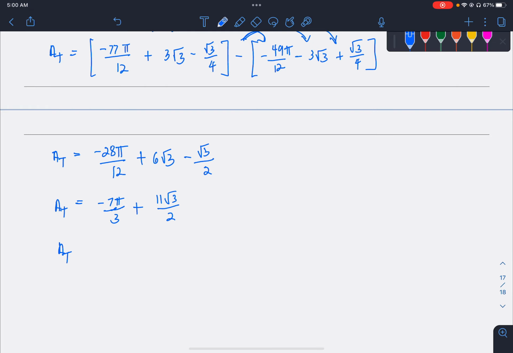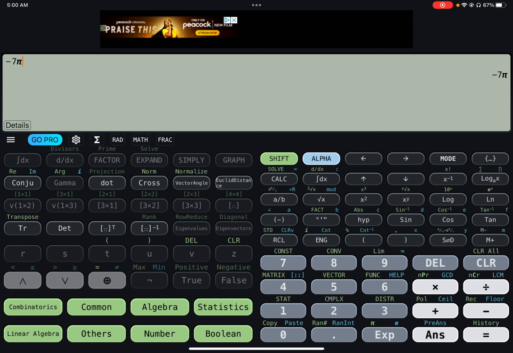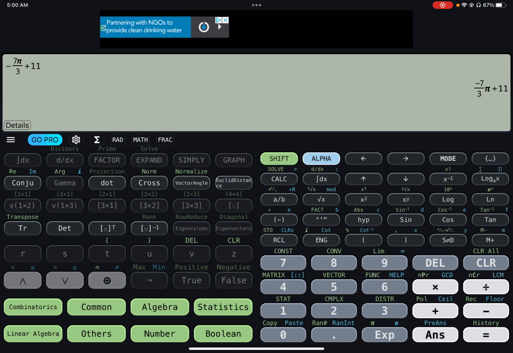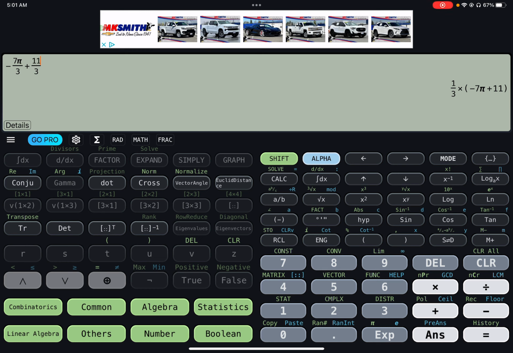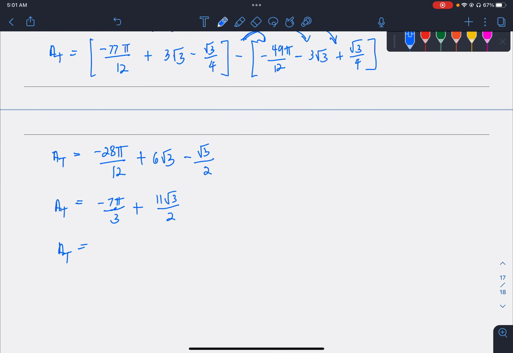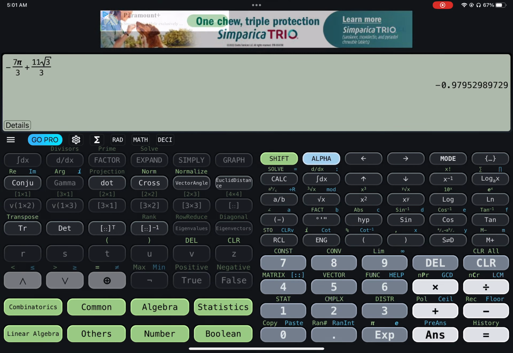So which makes the total area negative 7 pi all over 3, then plus 11 square root of 3 all over 2.